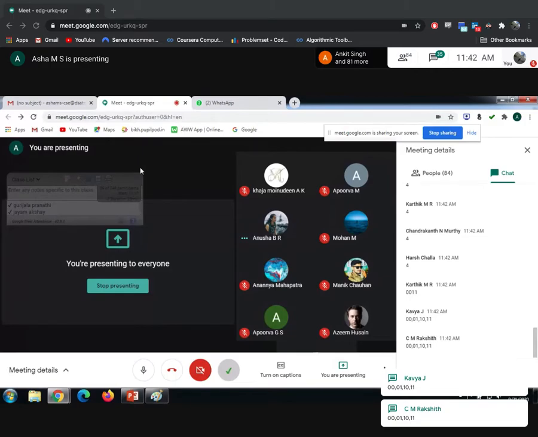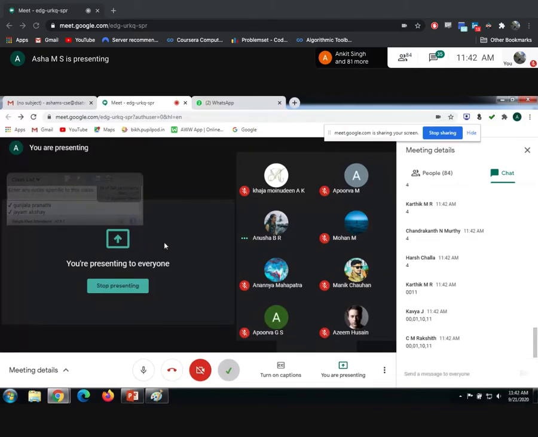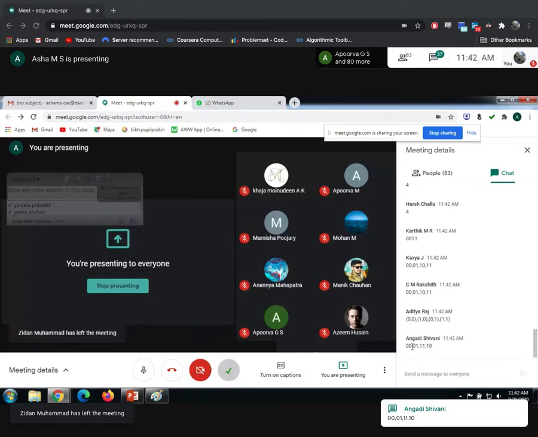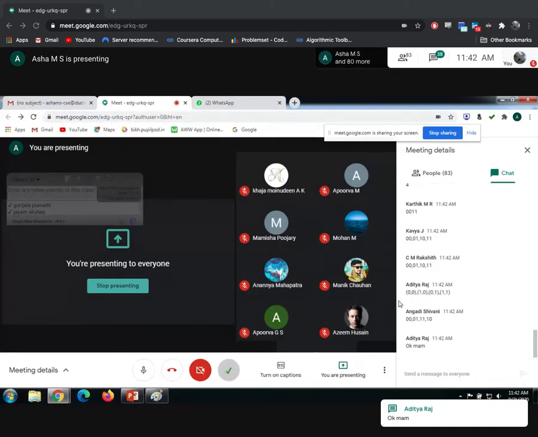Good. Karthik mentioned only two. Above you can see there are 4 different values. Okay. Here few people answered. Aditya Raj, you can't use comma here. Between 00, 10, 01, 11, you cannot use comma.